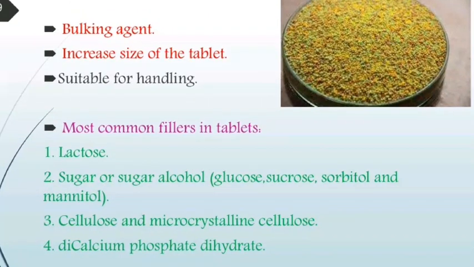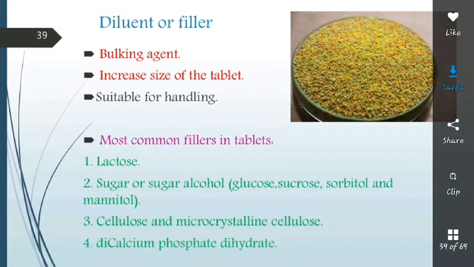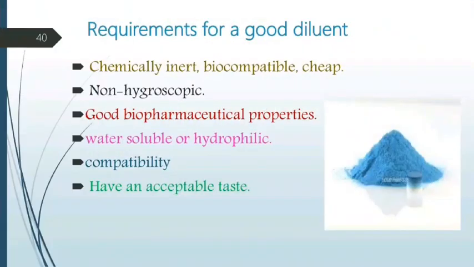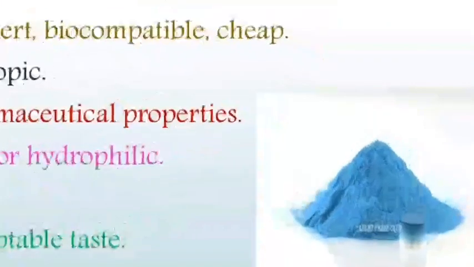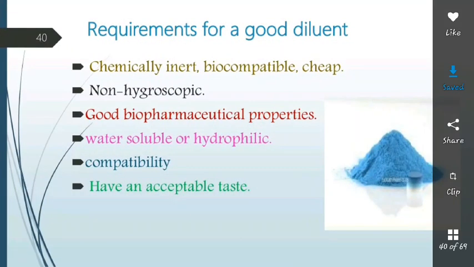The most commonly used diluent is dicalcium phosphate dihydrate. These are the various requirements for a substance to act as a diluent. They should possess all the above properties. It should be compatible, cheap, water soluble, etc.